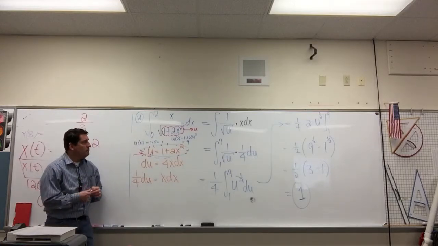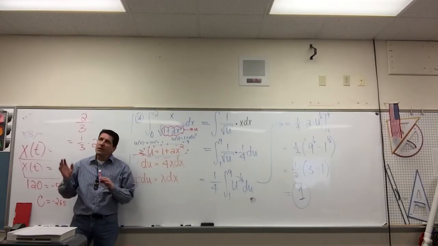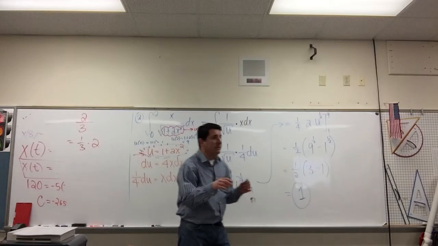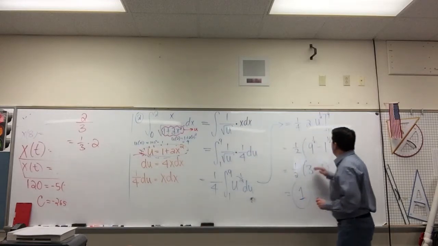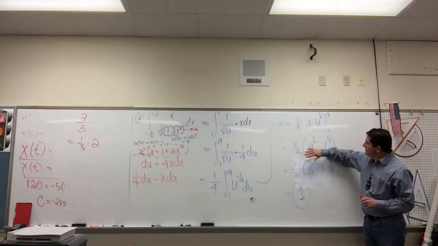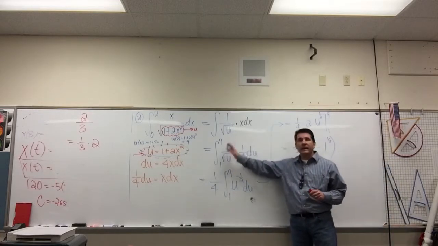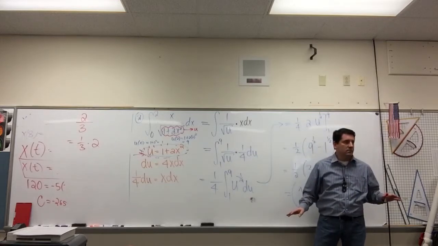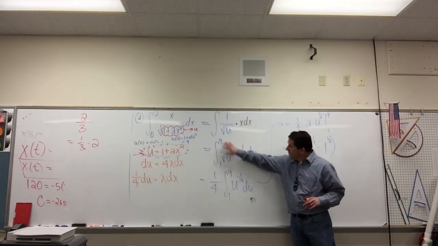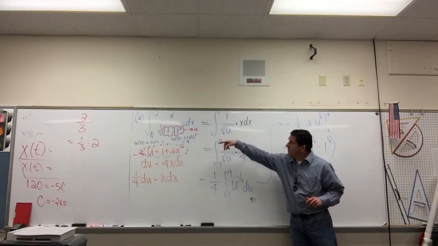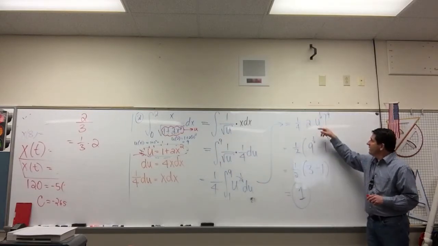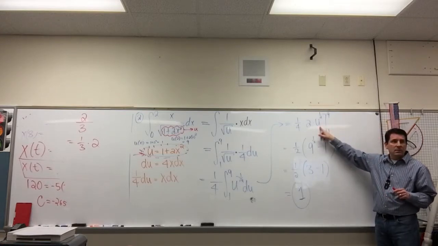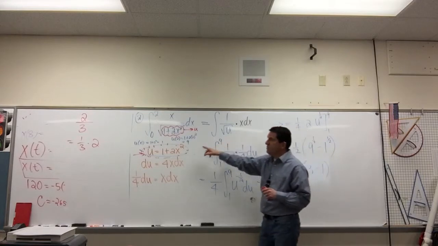Okay? Now, just stop and think. If we were to do it the way that we did not do change in variables, what would happen is we would have never done the 1 and the 9. Let's pretend we never learned change in variables, the u thing. You would never have gone from 1 to 9. You would have still kept it as 0 to 2 up to here. But then at this moment, you would have taken the u and put it back into the 1 plus 2x squared.